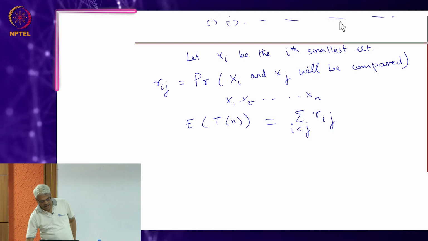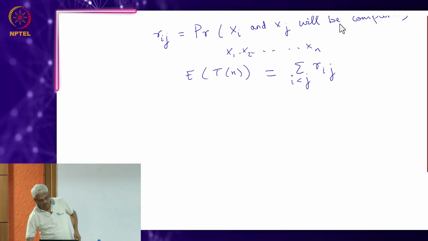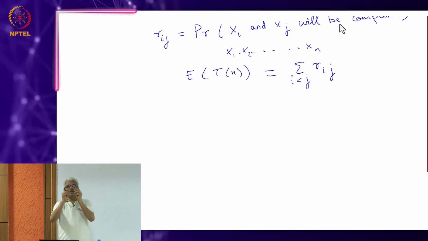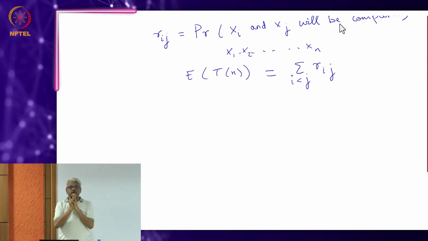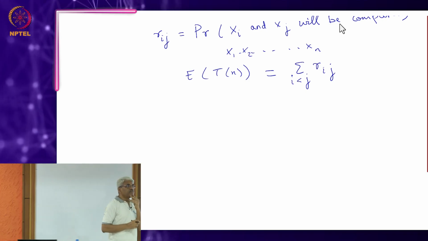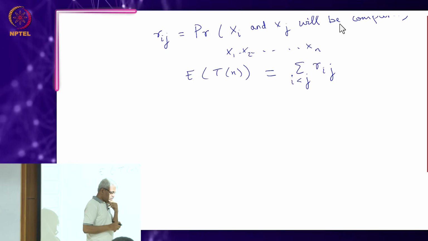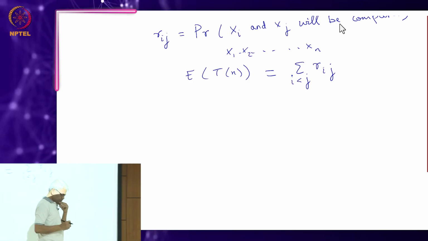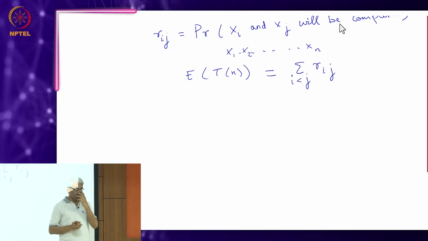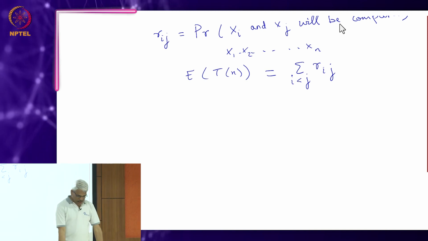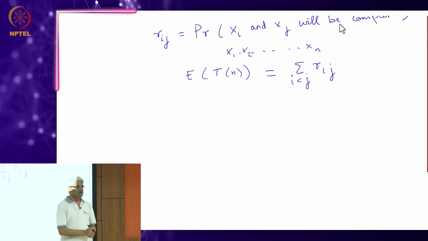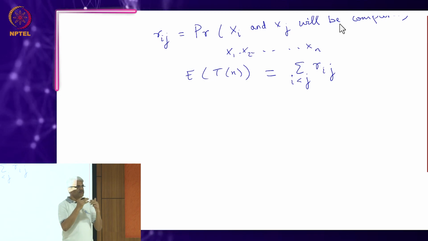So, let us again think about this entire quick sort: when will a pair of elements be compared? When they end up in the same partition. Yeah, but at the end, everybody is in their own individual element. So, what do you mean by they end up in the same partition, when?